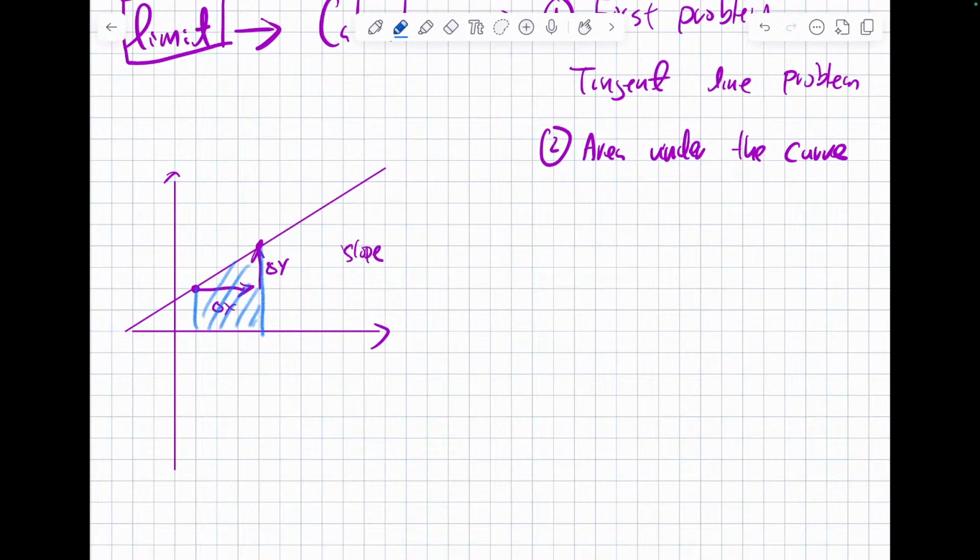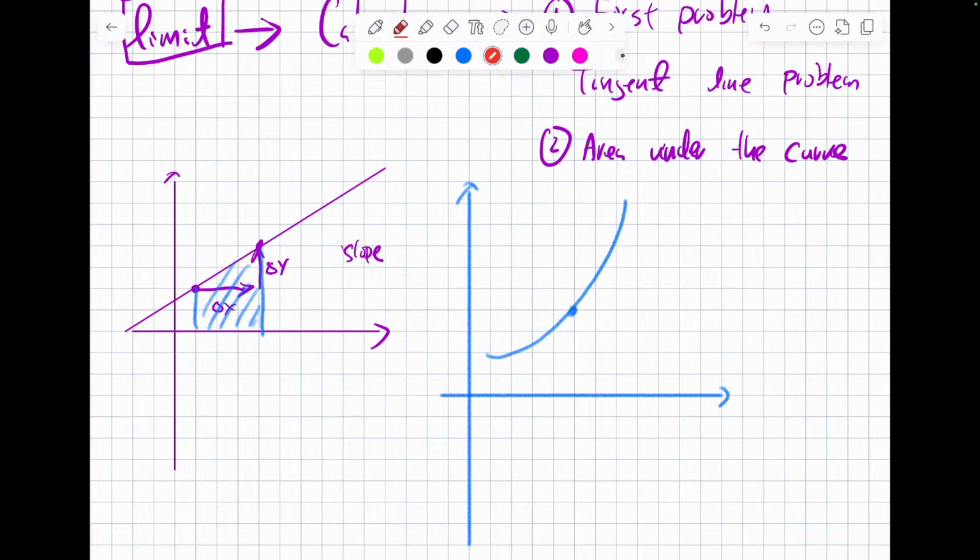But what Newton was curious about was the curvy line, like a parabola or ellipse, mostly ellipse rather than parabola. So what happens with a parabola? What if you have something like this and I want to know the tangent line, but I only have the function? Some type of second degree function, a quadratic, ax squared plus bx plus c.